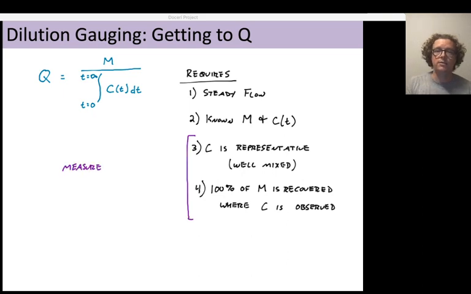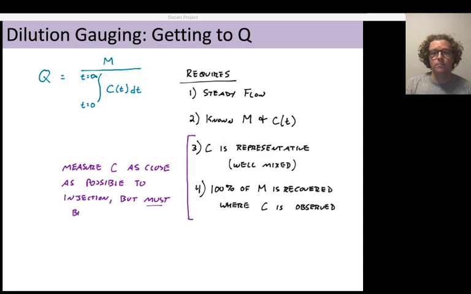Now this sets up a bit of a dilemma for how you operate in the field. Because you want a representative concentration, you need to be downstream far enough to ensure that it's well mixed. But because you want to make sure that all of the mass contributes, you want to be as close to the injection as possible.